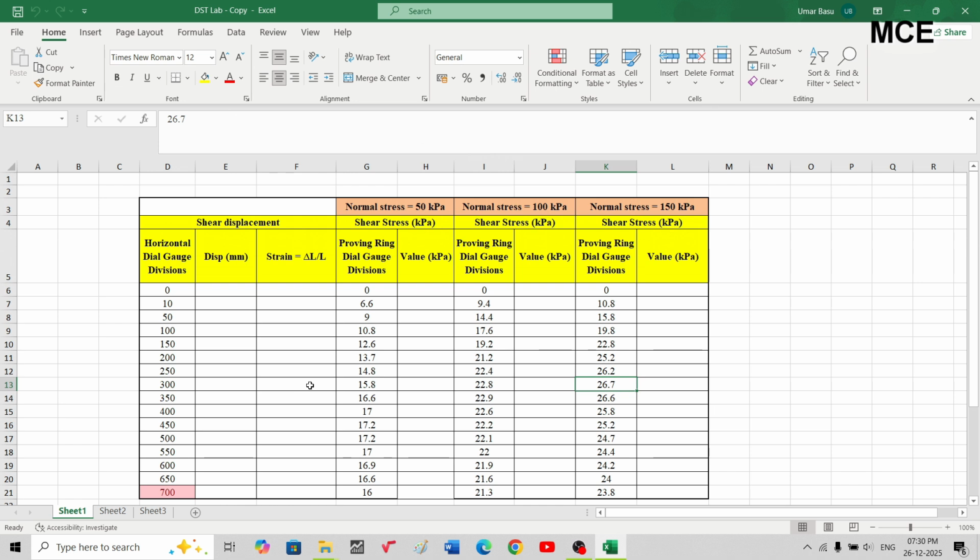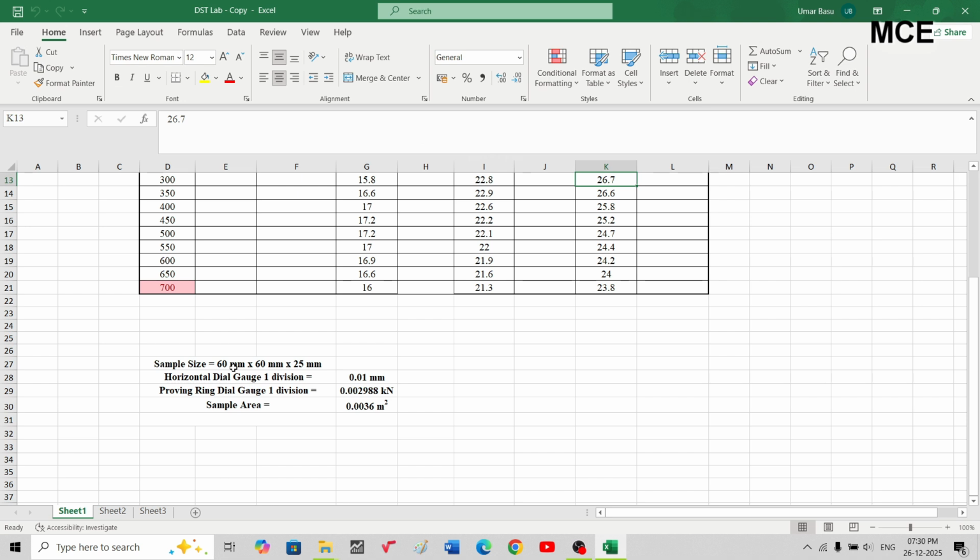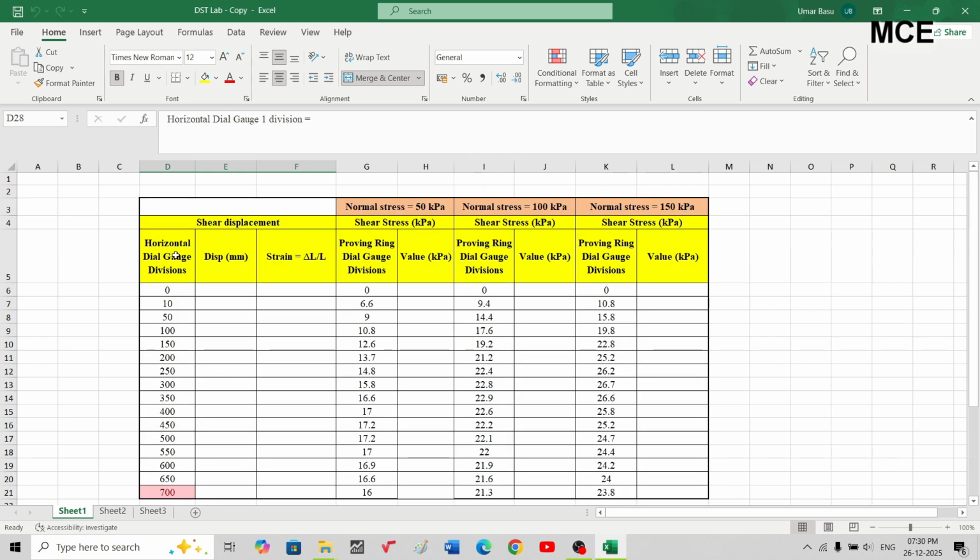For my DST machine, every one division of the horizontal dial gauge means a displacement of 0.01 mm. So for horizontal division 0, it's simply 0 into 0.01, which is 0 mm displacement of the specimen.